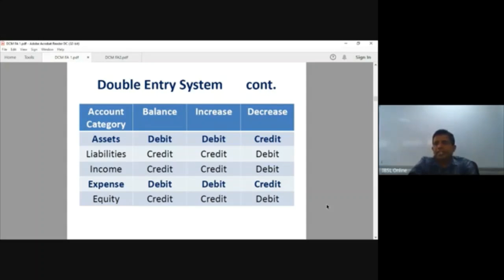Now, if I take a simple example, when a customer comes to the bank and deposits money, normally you do this double entry. What is the double entry? You debit the teller cash and you credit the customer account.